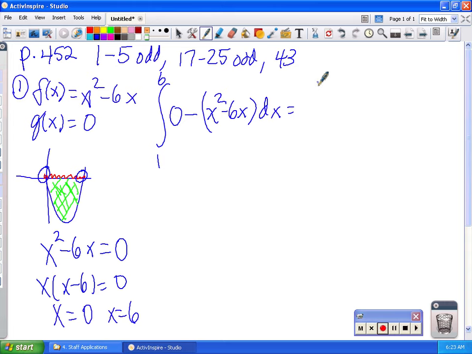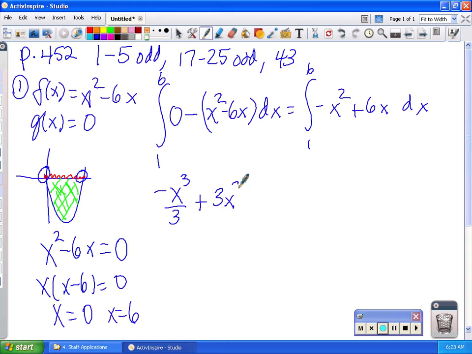So that's the same thing, of course, as the integral from 0 to 6 of negative x squared plus 6x dx. When I find the antiderivative of that, I will get negative x cubed over 3 plus 6x squared over 2, which is 3x squared. And we're going to evaluate that from 0 to 6.